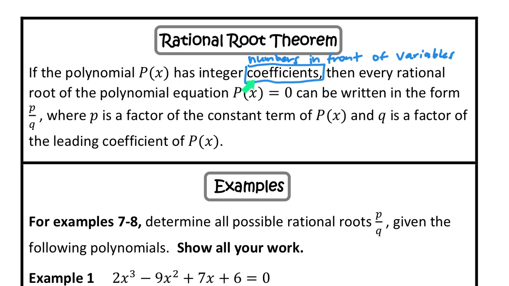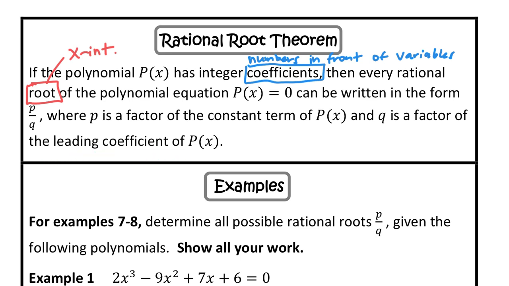So if a polynomial has integer coefficients, integer means positive or negative whole numbers, then every rational root of the polynomial equation p of x equals 0, a root, again, is what we use as a term for x-intercept, can be written in the form p over q, where p is the factor of the constant term and q is the factor of the leading coefficient.